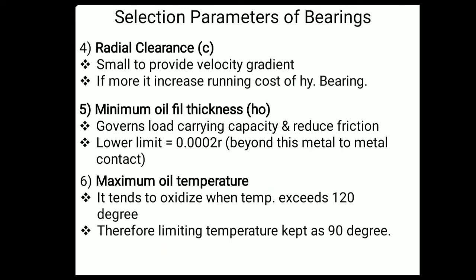Next is the minimum oil film thickness, which should always be above a limit: the minimum limit is 0.002 times the radius of the shaft. And the last one is the maximum oil temperature, where the limiting value is 90 degrees. Clear? So in this way I have explained the 6 parameters which are important for the selection of the bearing. I hope you understood.